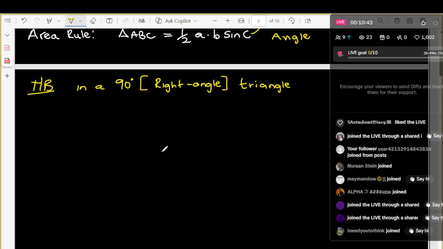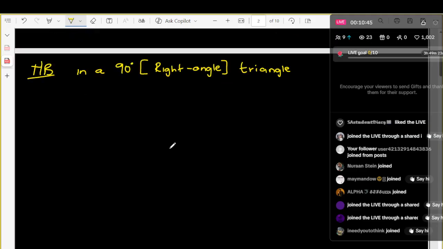If the triangle is a right angle triangle, you know what you need to do. We're going to use normal trig ratios. I'm going to explain what I mean by that.